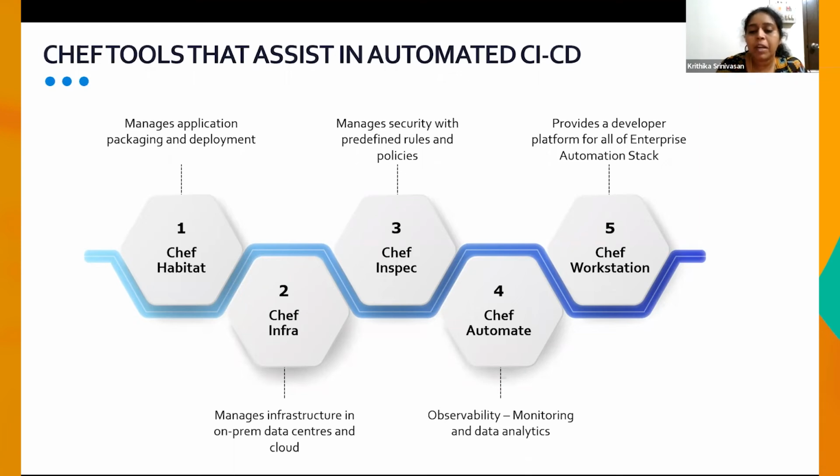And Chef Automate basically provides us a UI through which we can monitor. We should be able to observe and analyze. So Automate is basically for observability, and Workstation is for the developer to get complete usability of the full enterprise automation stack.